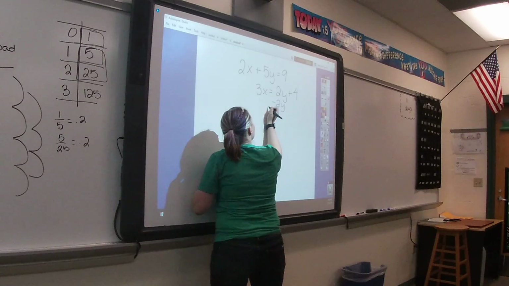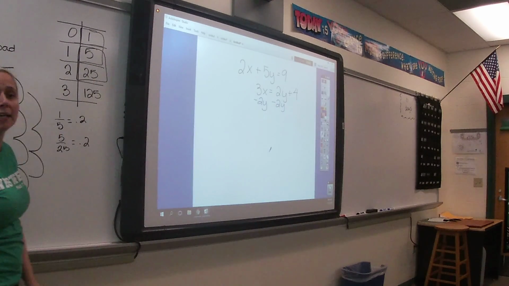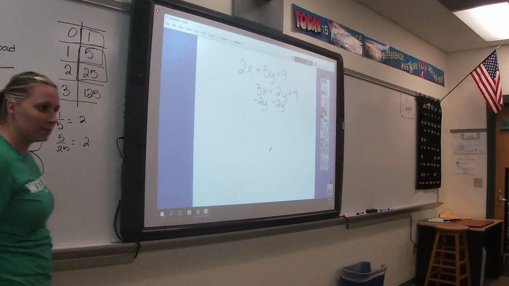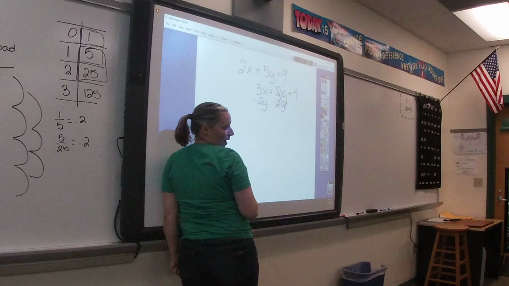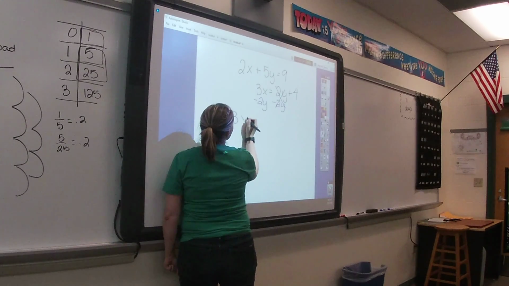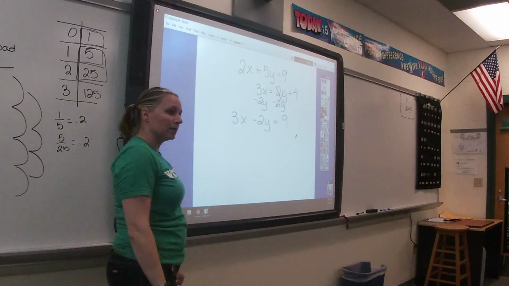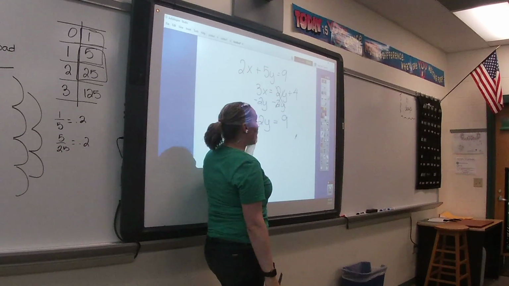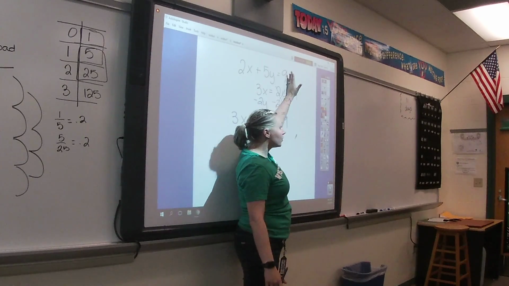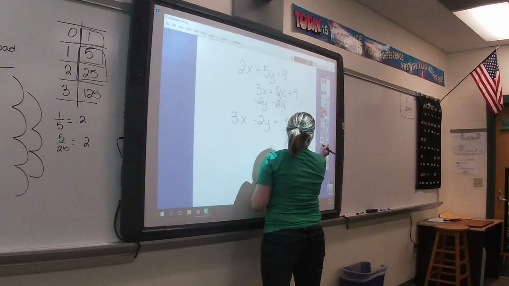So if I make this be a negative 2y, and I put that on each side of the equal sign, I can't do anything with 3x minus 2y other than write it as 3x minus 2y. But now I'm all nice and neatly stacked up for elimination. Oh, that's a 4, sorry. I apparently can't read.